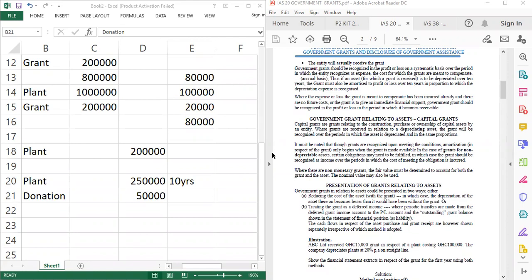I'm not saying that that is the right treatment. I'm saying that for you to faithfully represent your financial statement, to give a true and fair view about the treatment of the grant, it is advisable for you to amortize the donation, because it is given in relation to an asset that will last for 10 years.